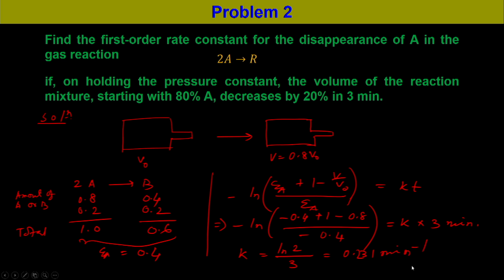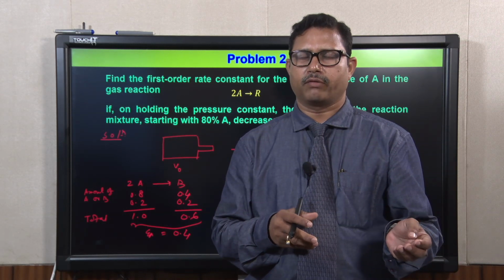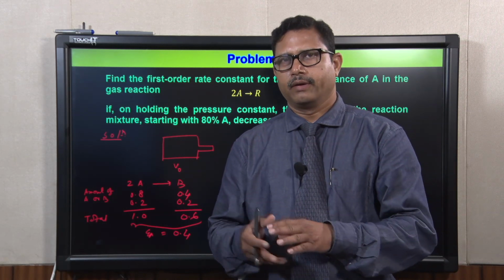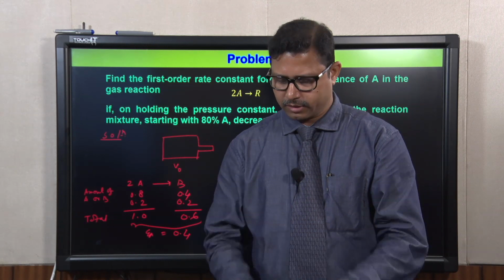So, this way we can solve the varying volume batch reactor data using the integral method of analysis for first order systems. Overall, we have covered how to analyze the batch reactor data for constant volume and varying volume systems using both the integral method of analysis and the differential method of analysis.